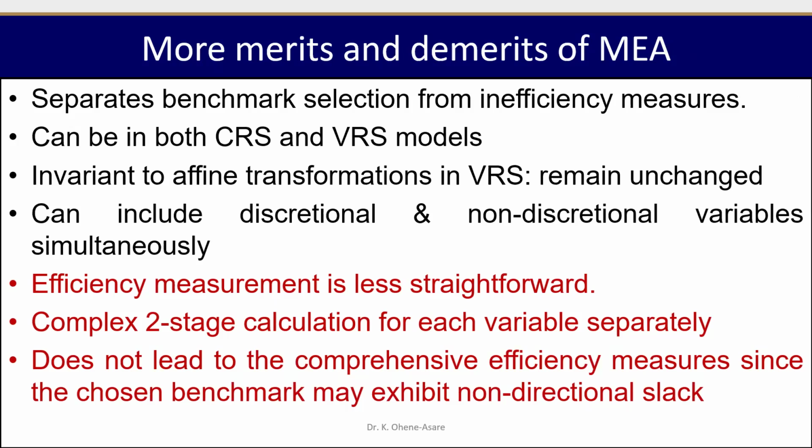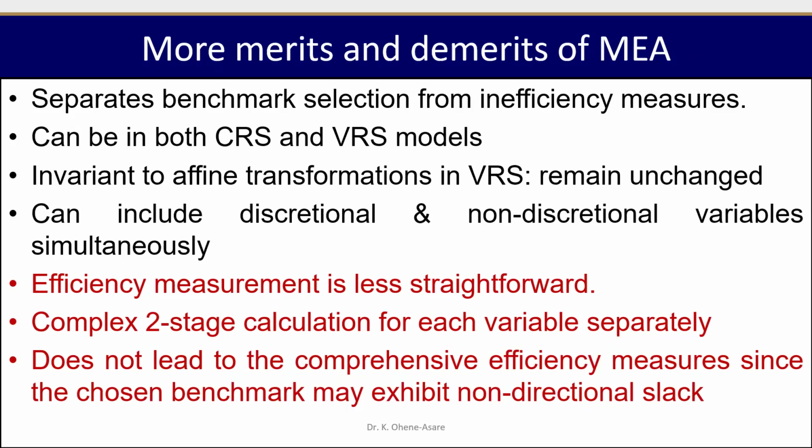Because once you have it for each variable, you have to find a way to aggregate them. And that aggregation was a challenge until they suggested the slack-based approach. But other than that, to have a comprehensive efficiency measure for the firm, you can get it for the variables, but for the firm, it's tough until recently.